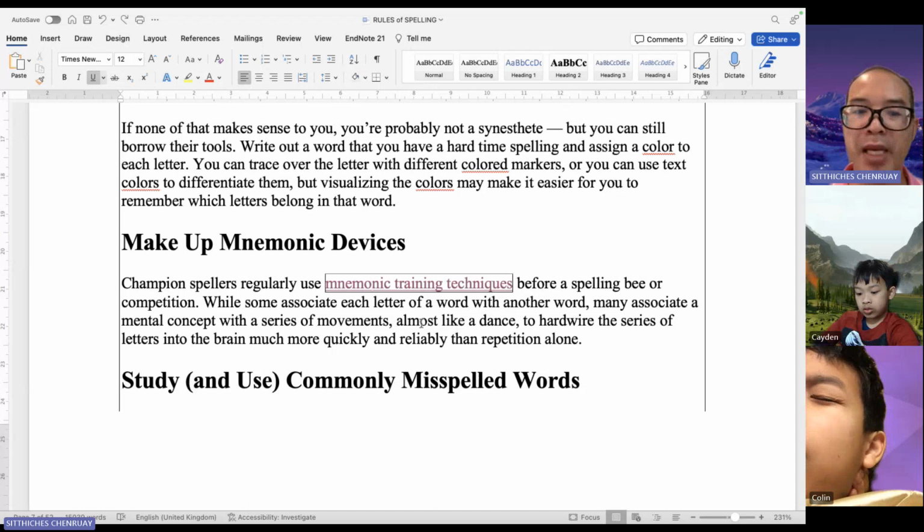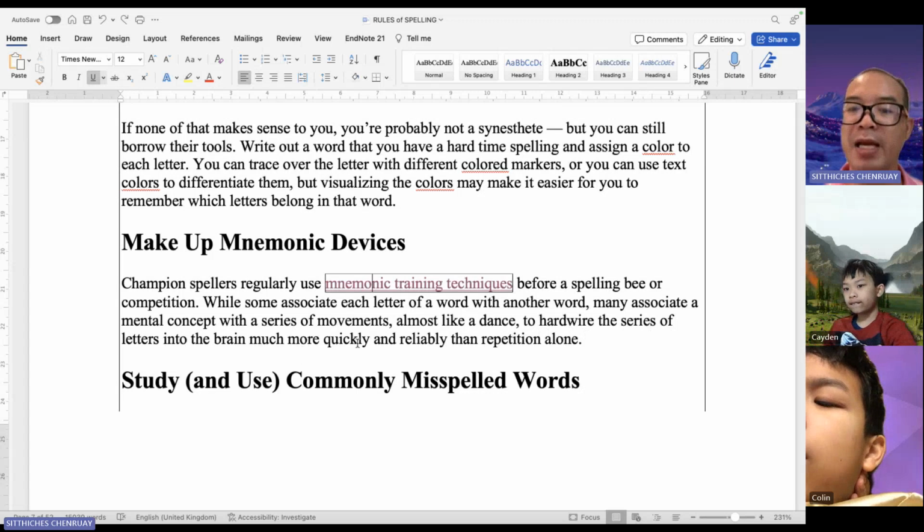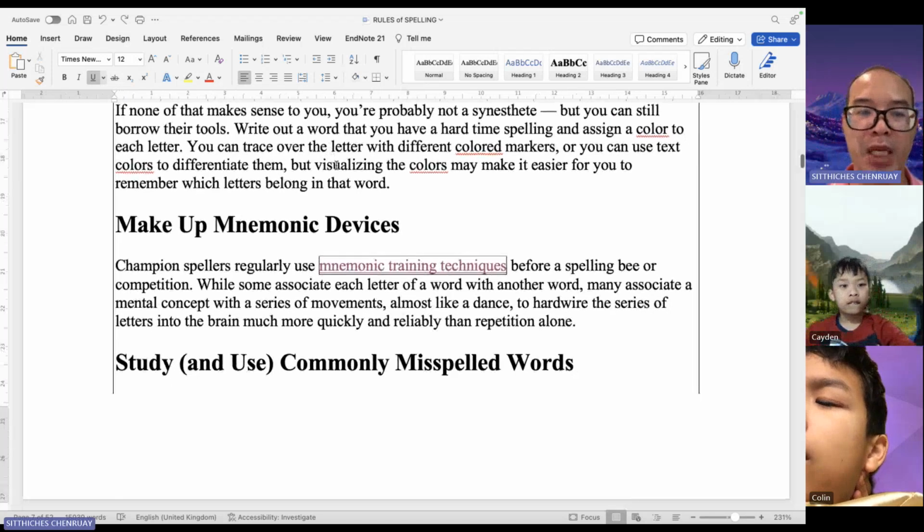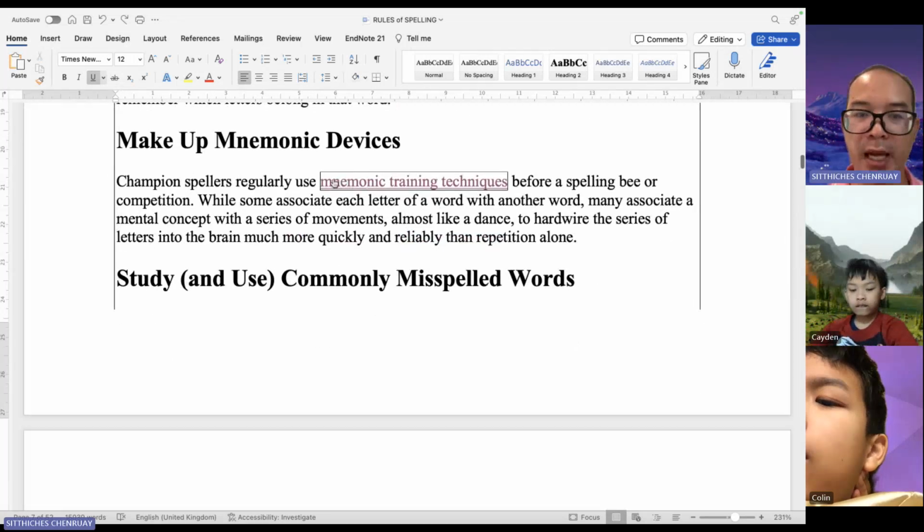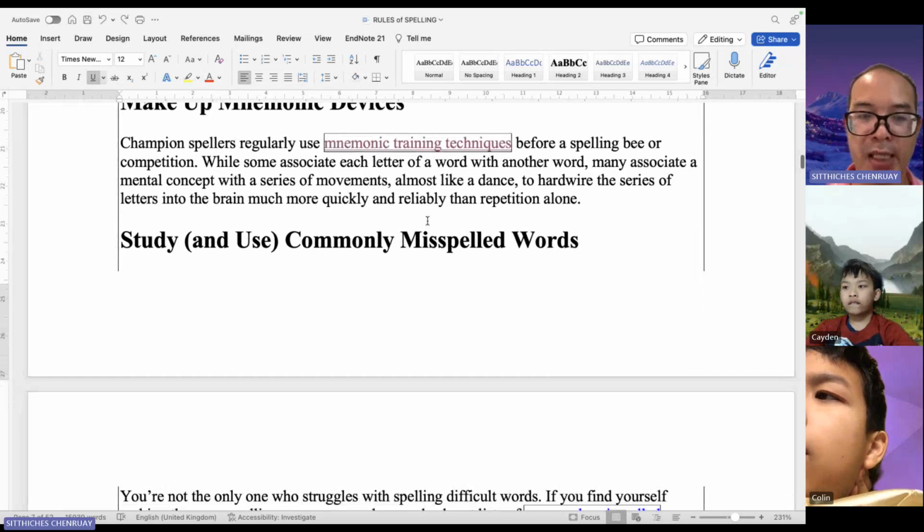Many associate a mental concept with a series of movements, almost like a dance, to hardwire a series of letters into the brain much more quickly and reliably than repetition alone. So it's like grouping words with the same meaning together. Next time I will tell you about the mnemonic training technique.